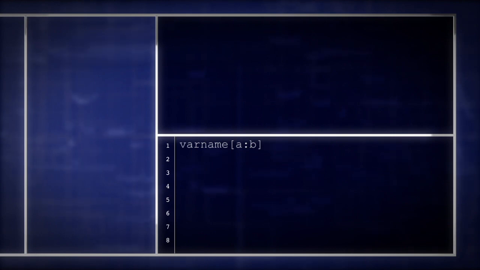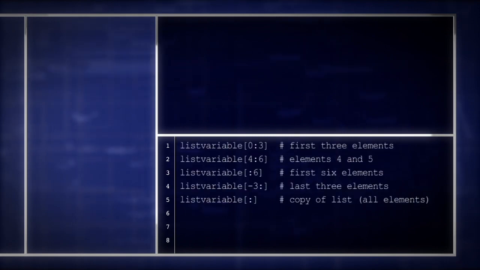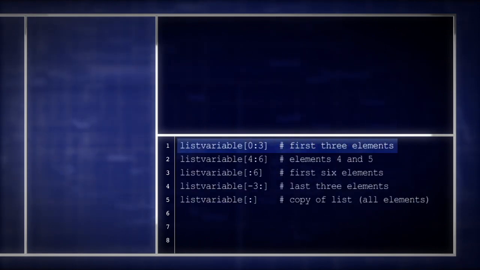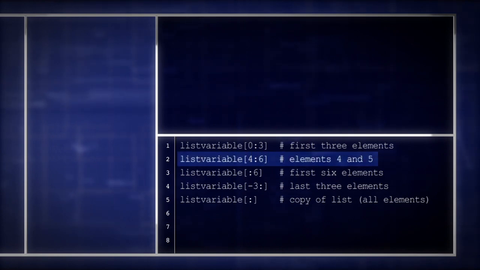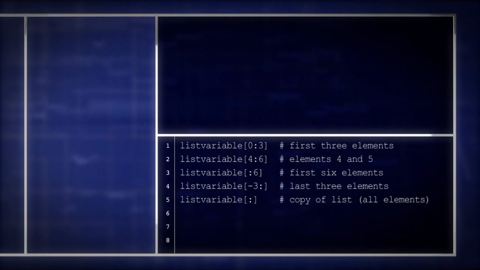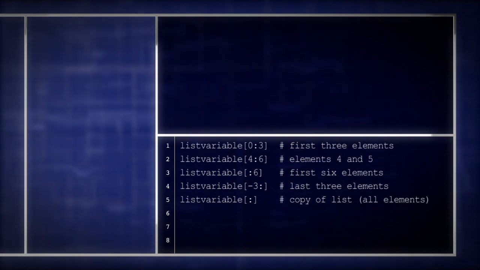Remember that the index of the first element in the list is 0. So, for example, if you want the first 3 elements, you would enter 0:3, saying that you want elements 0, 1, and 2. If you want elements 4 and 5, you could enter 4:6. Now, if you leave off the number before or after the colon, it means you want to start from the beginning, or go to the end.